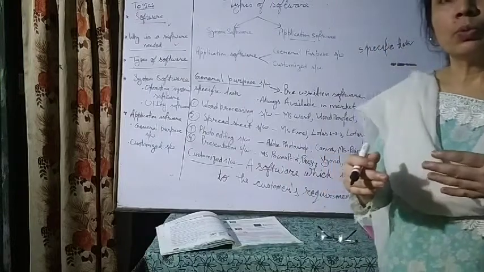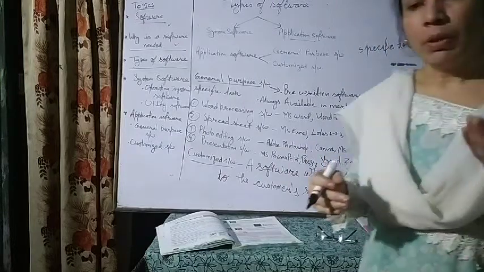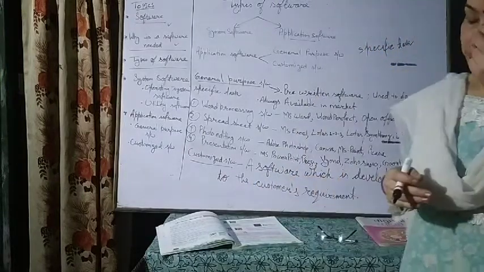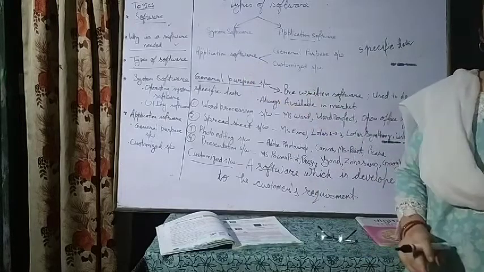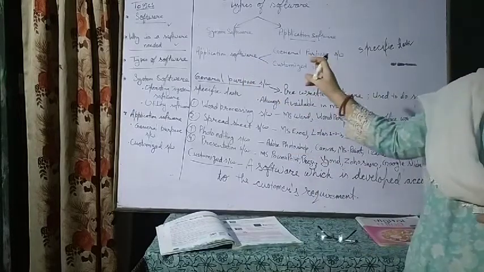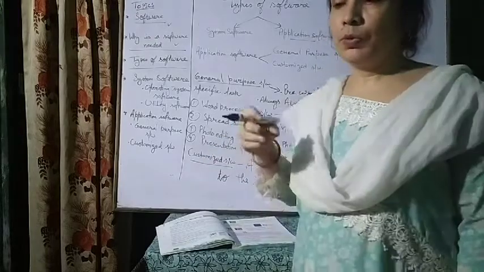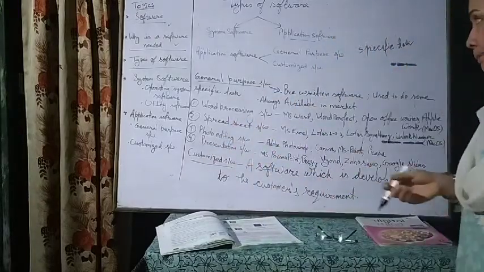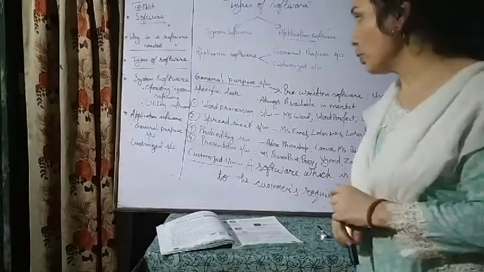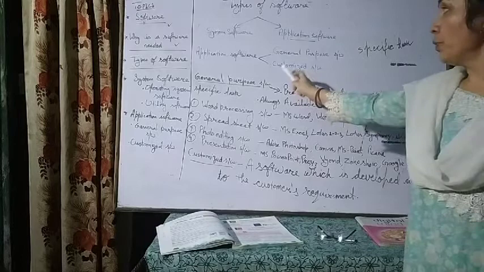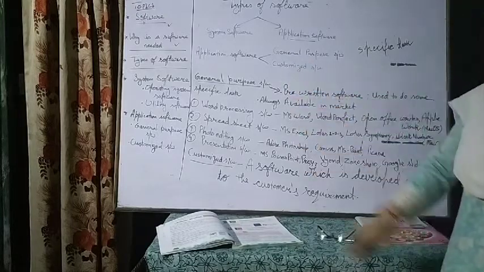But application software are developed for users' requirements. Clear? So there are two types of application software: general purpose software and customized software.